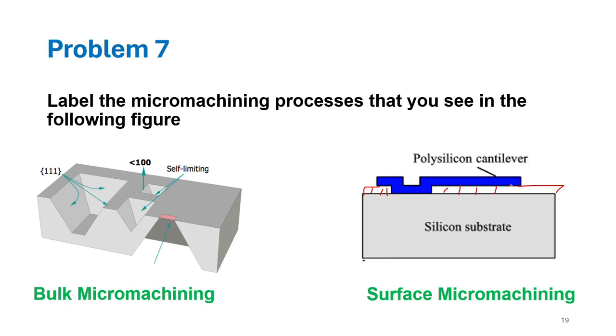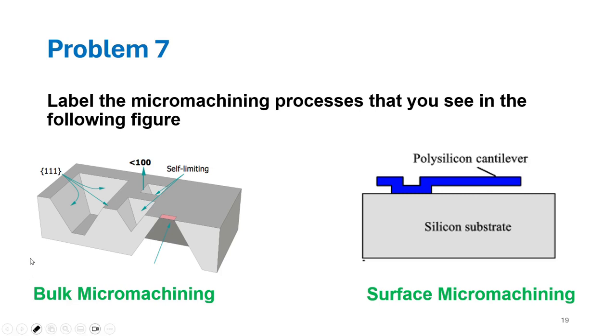Then on top of that we'll do polysilicon deposition. Then we will pattern the polysilicon deposition. Then we'll finally etch out the oxide that was deposited earlier, so this structure becomes released. So this is a polysilicon cantilever on a silicon substrate.